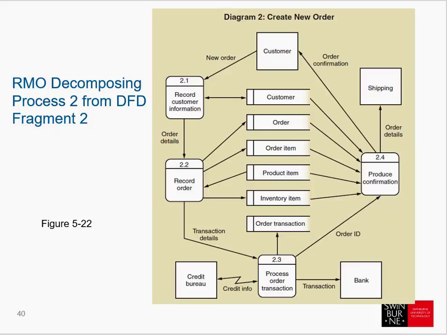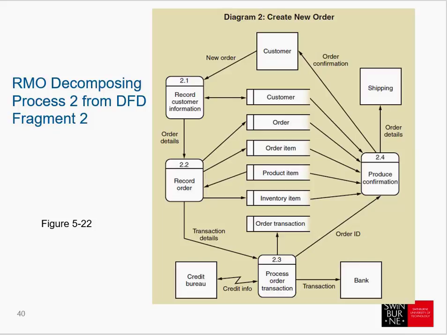So using the order number, process 2.4 looks up data on the order, the customer, and each order item, right? So it looks at all these 3 tables plus also the item description and the product items as well, and then produces the required output. So this is how the process looks when you break down the fragment, create new order, into smaller sub-processes.